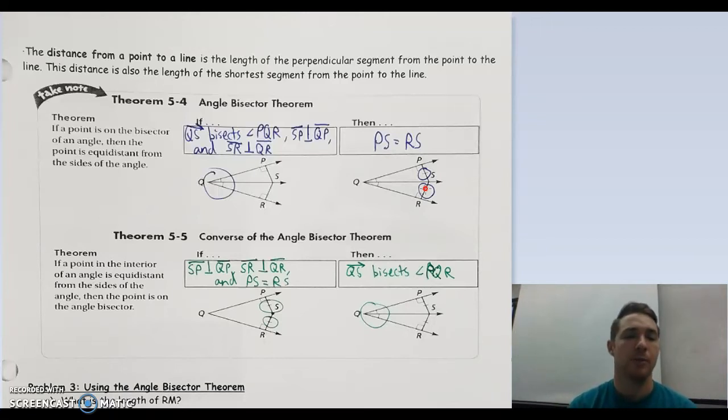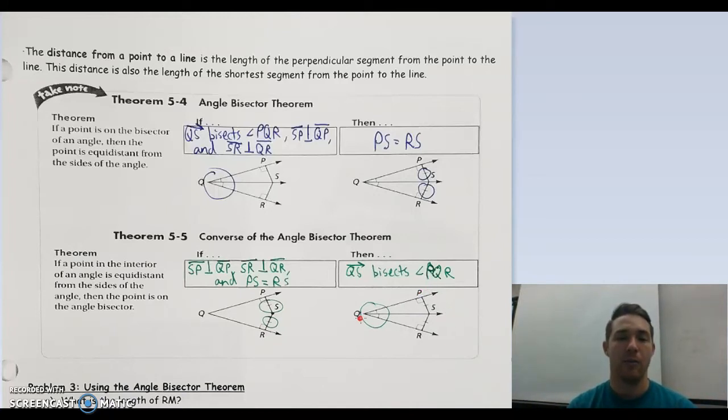Also, for the converse, remember converse just means we're flipping that rule. So this time, if I know there's an angle in the interior, still looking at S, if I know it's the same distance to both of your sides, like what we finished with in that last part, if I know the distance to each side of that angle is the same, I know that point S would have to lie on that angle bisector.